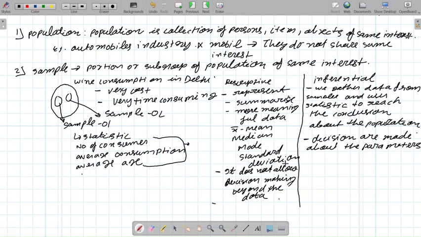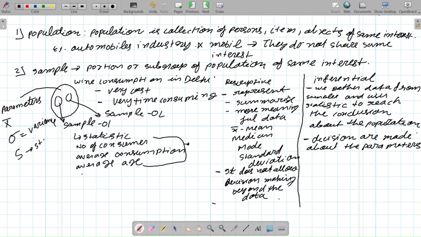So basically, the measurements which are used in samples are called statistics, and the measures used for the populations are called parameters, represented by capital X, mean, standard deviation, or capital S is the variance.